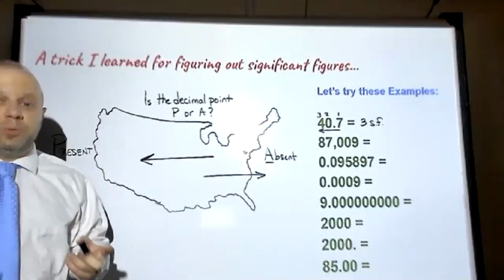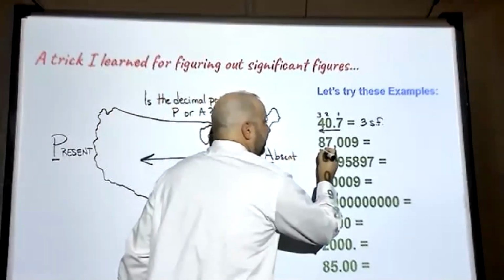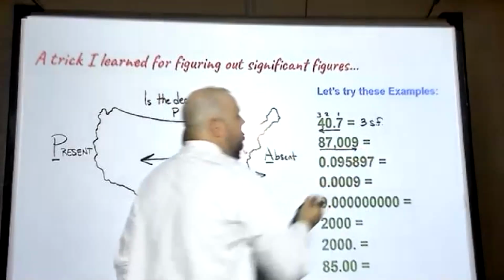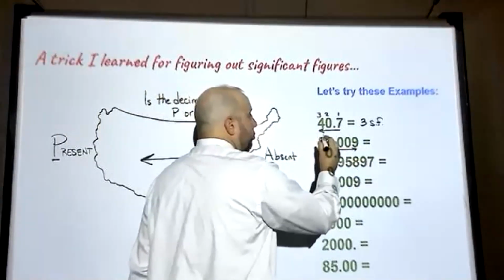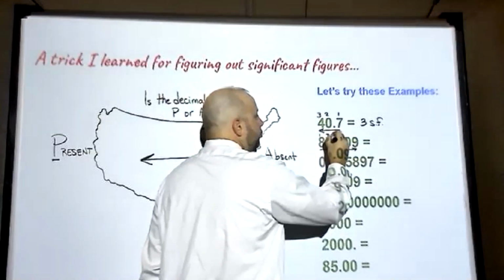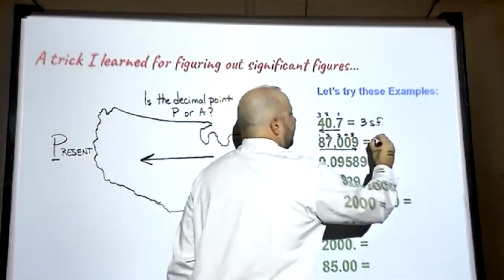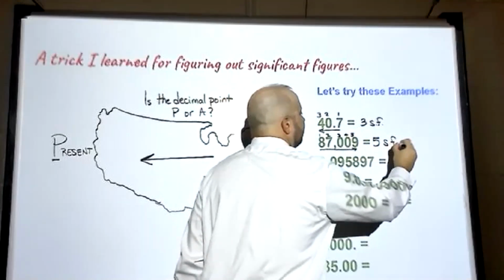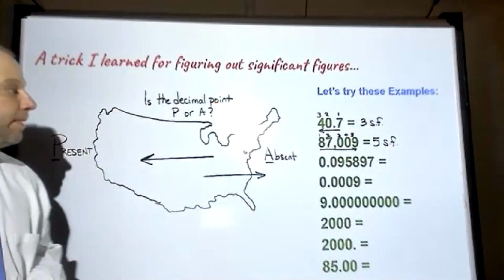When there is no decimal point, like in our second example, we're going to count in this direction because the decimal point is absent. So we start over here and we count 1, 2, 3, 4, 5. This has 5 significant figures. Seems pretty straightforward at this point.